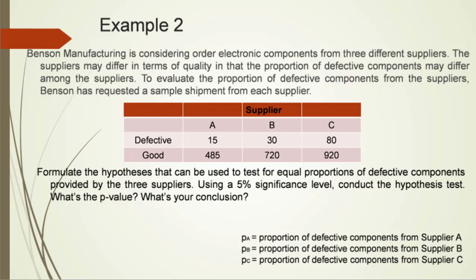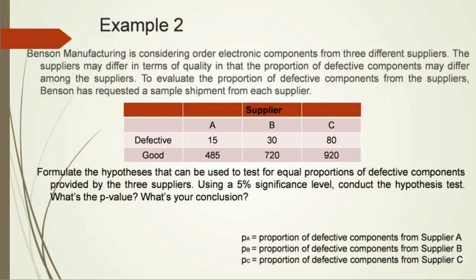To evaluate the proportion of defective components from the suppliers, Benson has requested a sample shipment from each supplier and obtained the following sample information. We would like to formulate a hypothesis that can be used to test for equal proportions of defective components provided by 3 suppliers. Using a 5% significance level, conduct a hypothesis test. What is the p-value? And what is your conclusion?